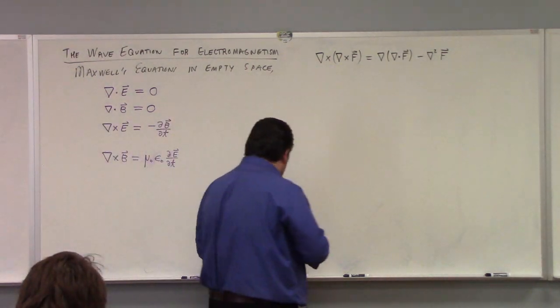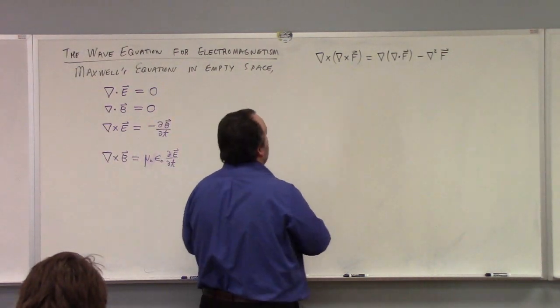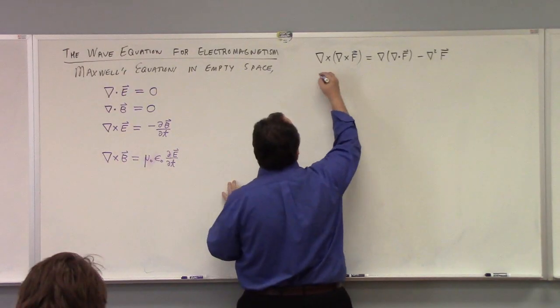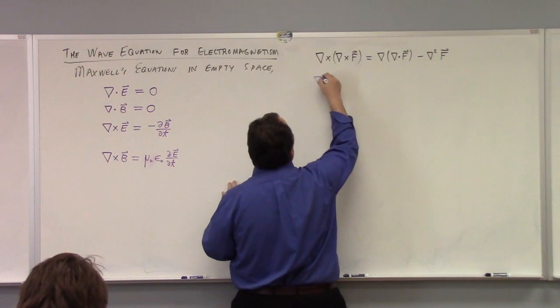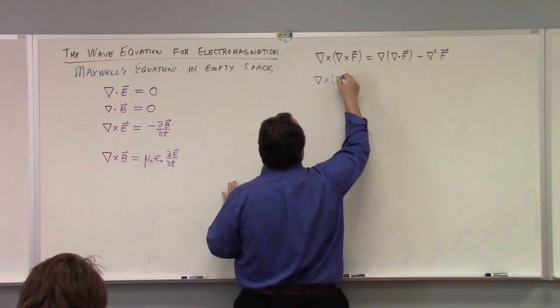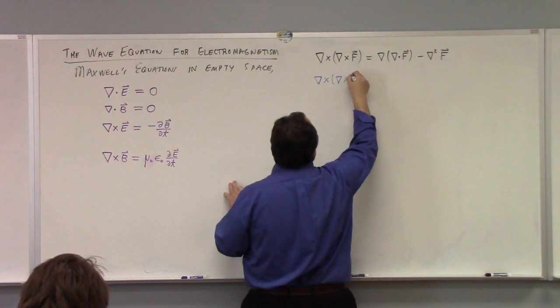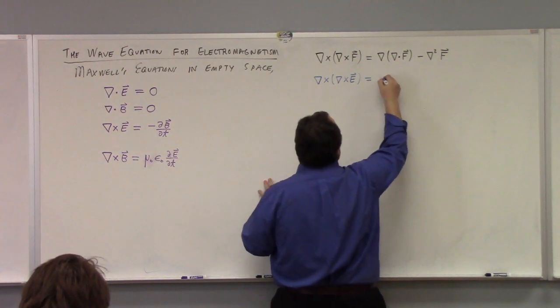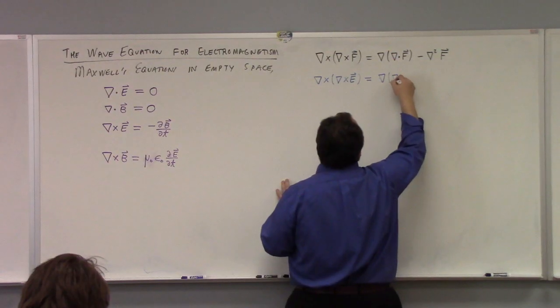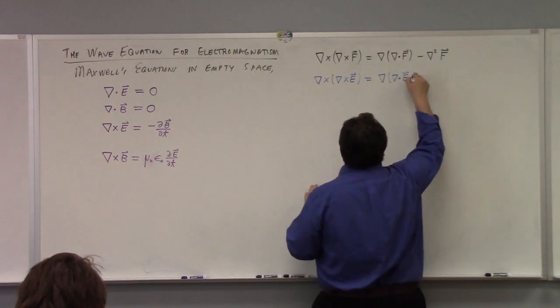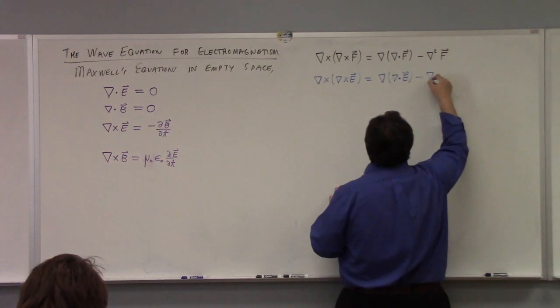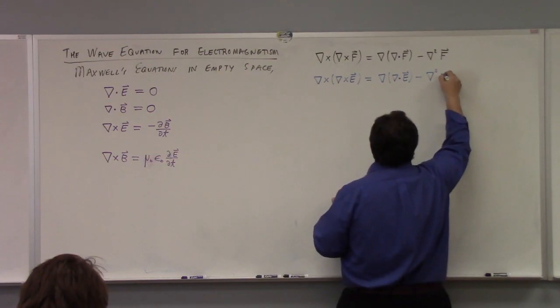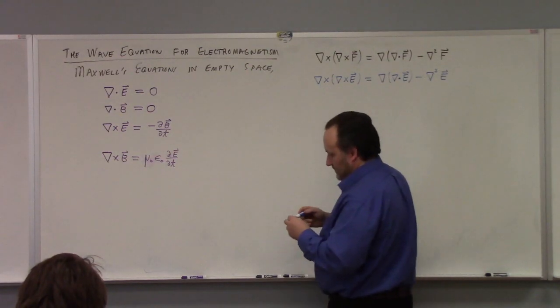So let us take this for a spin. We have the curl of the curl of E is equal to the gradient of the divergence of E minus nabla squared E, right?